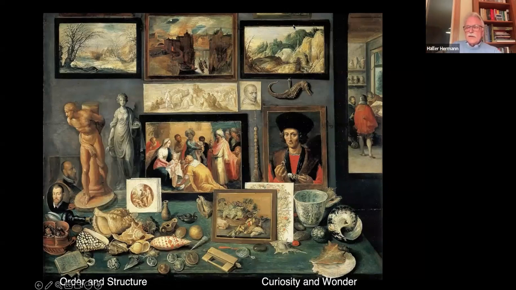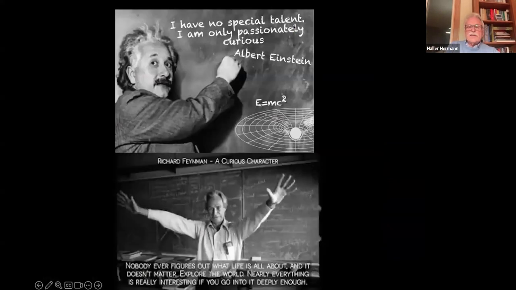Not completely, but the way we look at science these days, as I mentioned in the beginning, this is much too unstructured. So we expect from science, and quite rightly so, that it provides us with order and structure, with understanding what's going on. And curiosity and wonder is left to paintings like this or to more famous scientists.